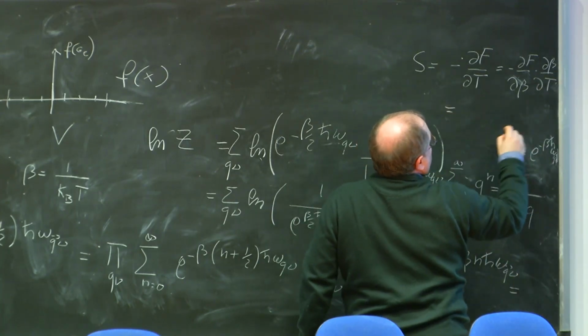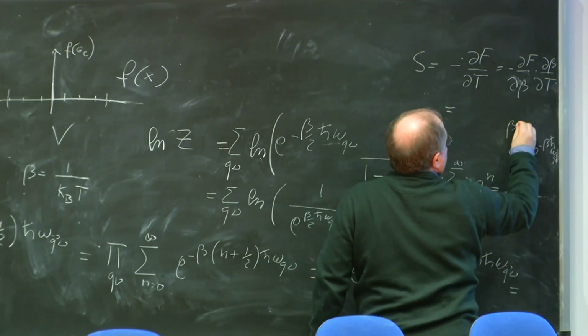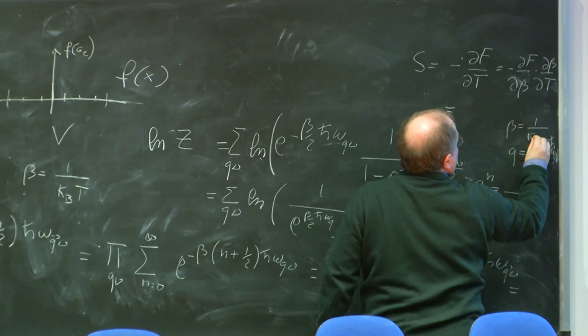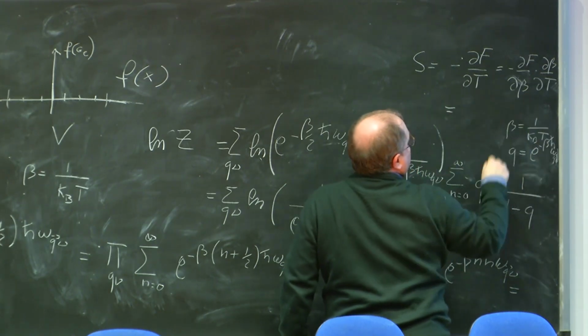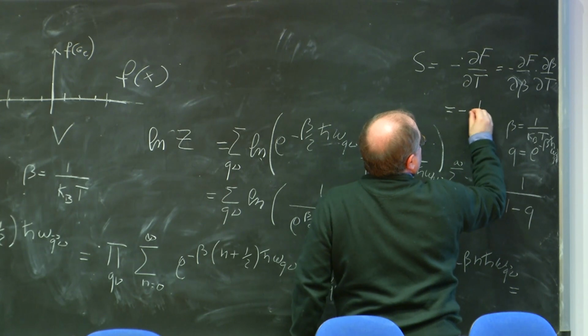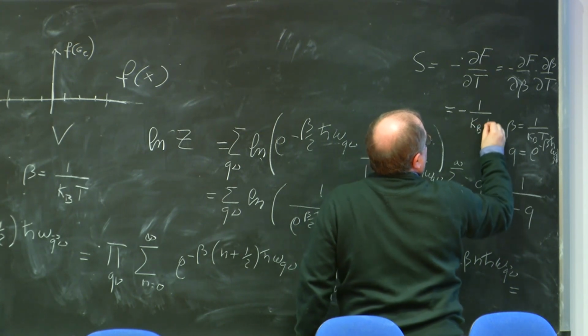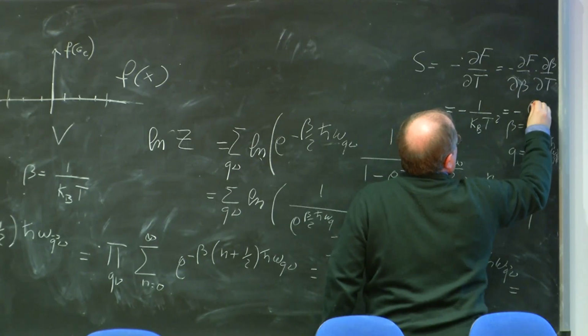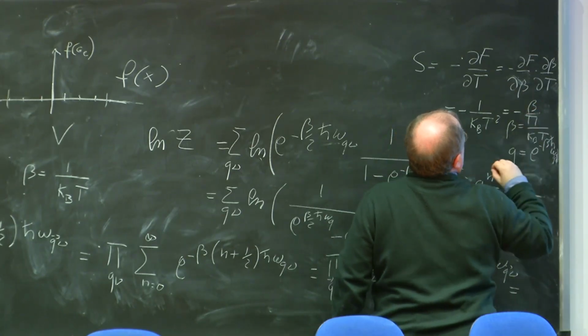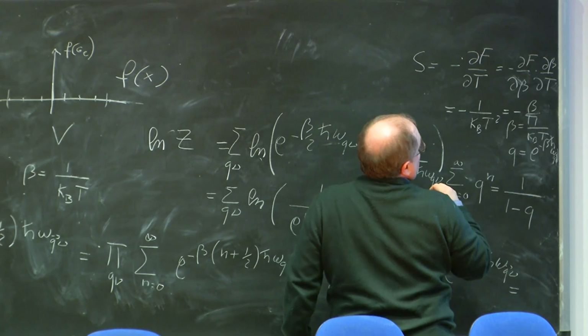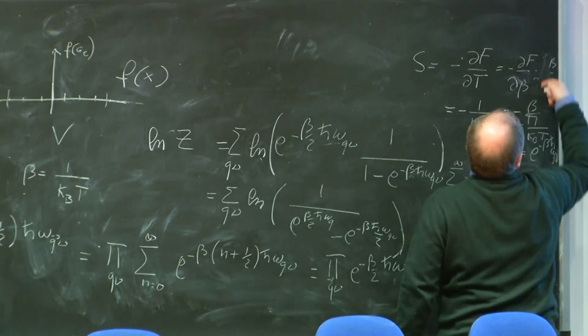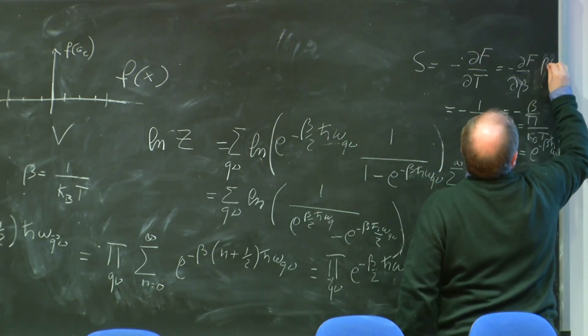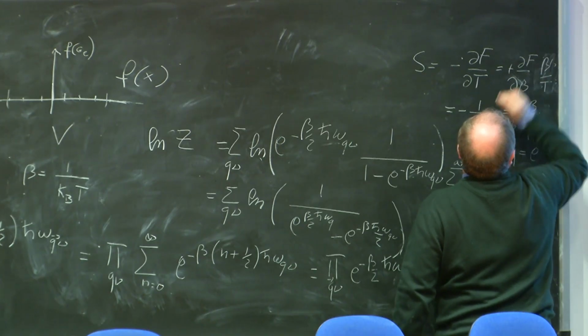So d beta over dT, beta, we said, is 1 over kB T. So d beta over dT is minus 1 divided by kB T squared, which is minus beta divided by T.